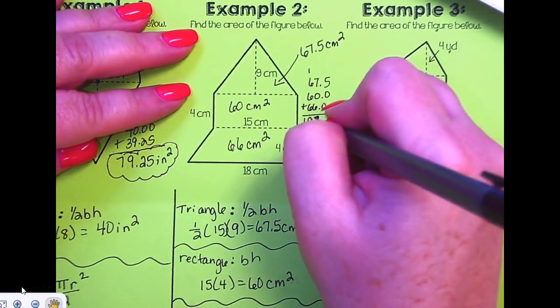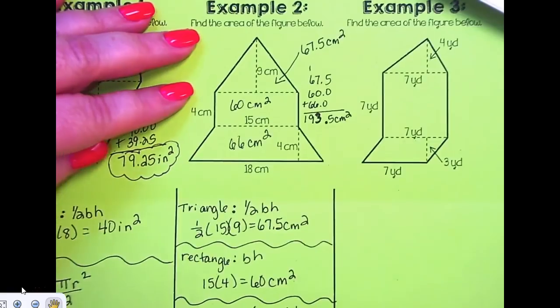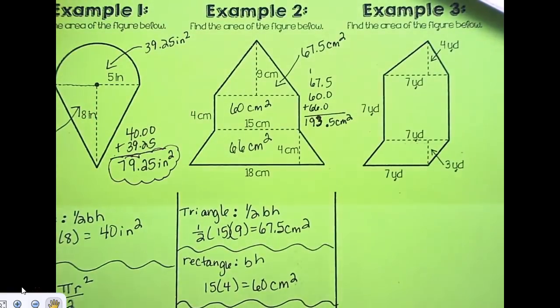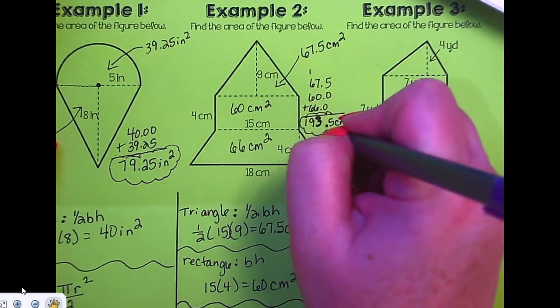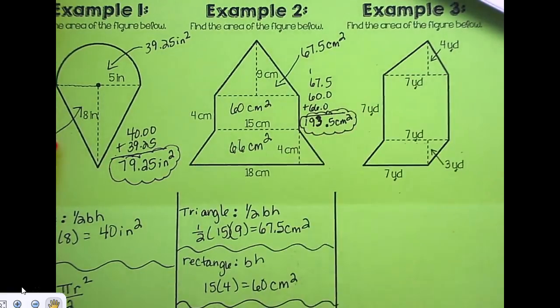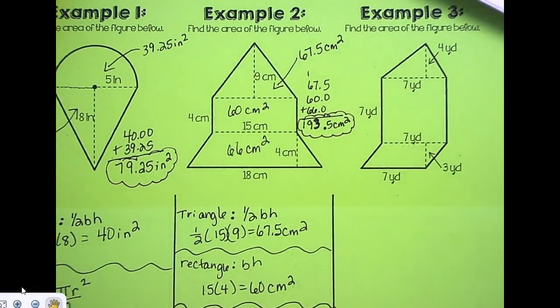My 3 does not look very much like a 3. There we go. 193 and 5/10 centimeters squared is my answer. Questions about example 2?